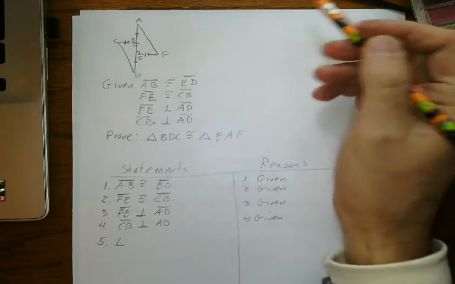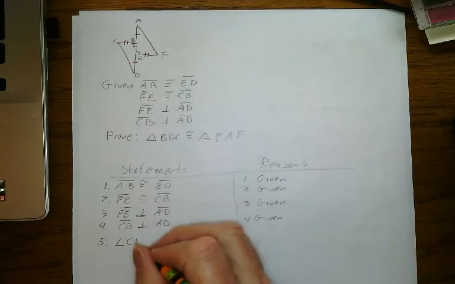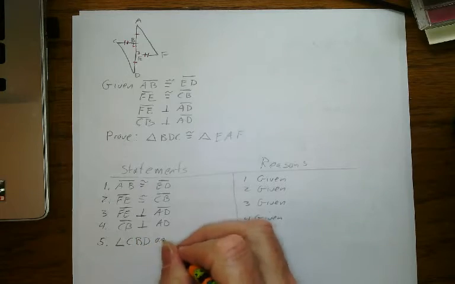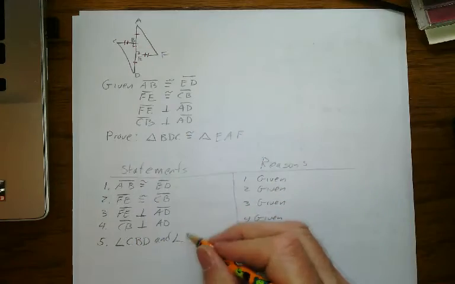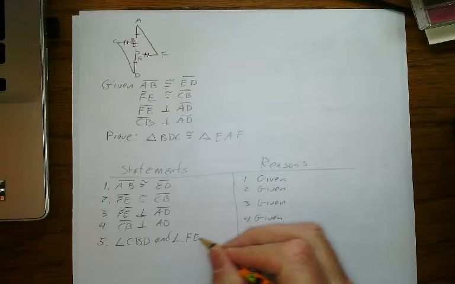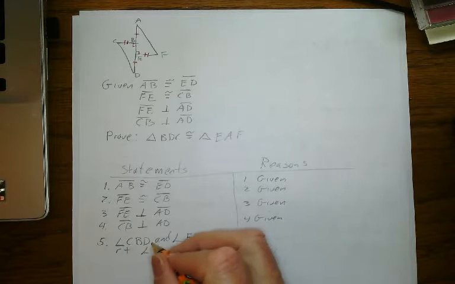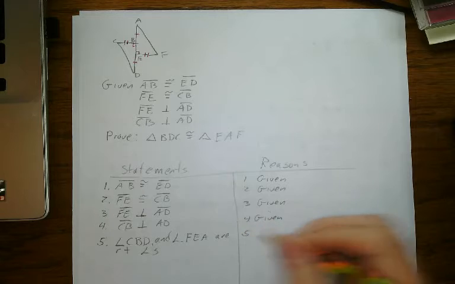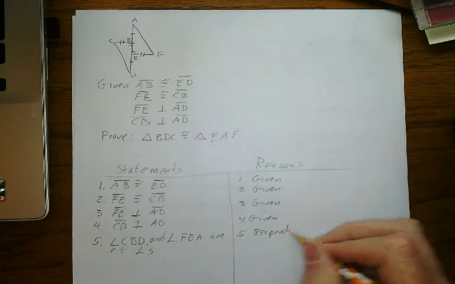And this is just like our other proof. Angle CBD and angle FEA are right angles. And what's the reason? Perpendicular lines form right angles.